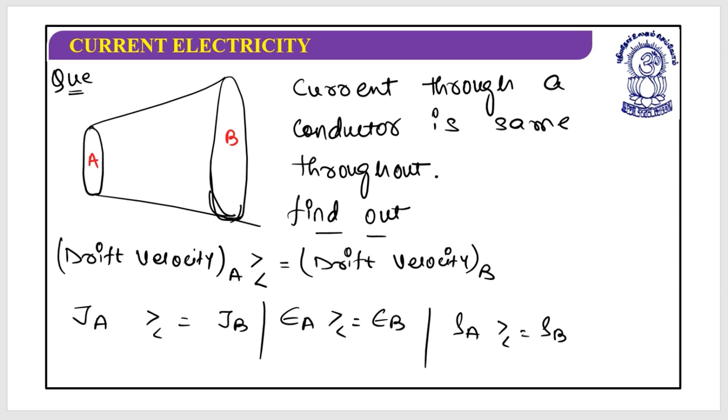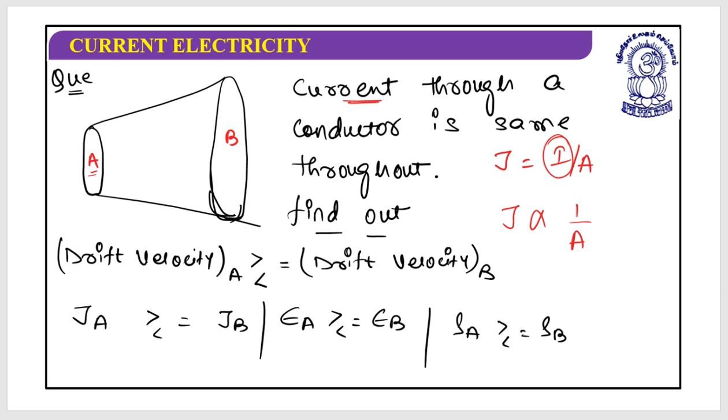So how can this be done? Yes, if you observe this conductor very carefully, you might see that this I is the same because the data has been given. So J is equal to I by A. Am I correct? So I is the same, that means J is inversely proportional to the area.